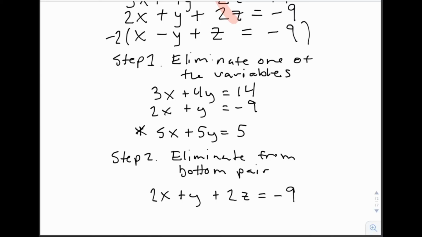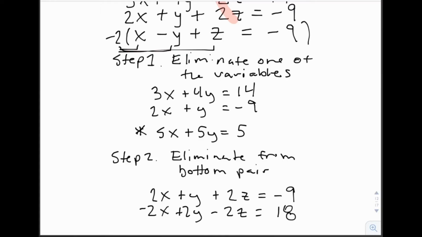So this will give us a negative 2x, and then the negative 2 times the negative y will give me a positive 2y. And then finally, this negative 2 times the positive z gets us the negative 2z, and that's all going to be equal to a positive 18.